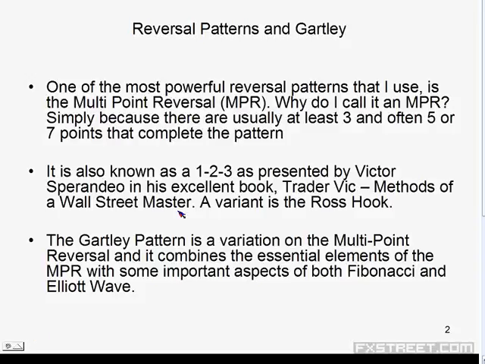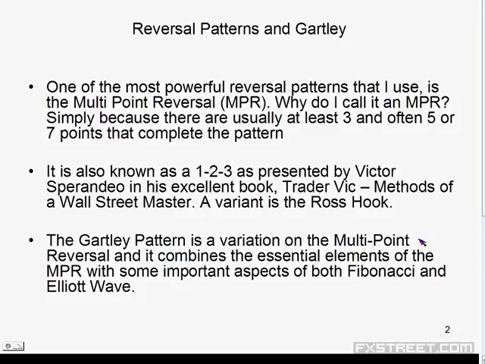Victor Sperandio came up with the 1, 2, 3 and presented it in his book. Highly recommend the book, Methods of a Wall Street Master. There are all sorts of little variants on it. The Ross hook gives a very late entry, so late that very often the best of the move is actually done.